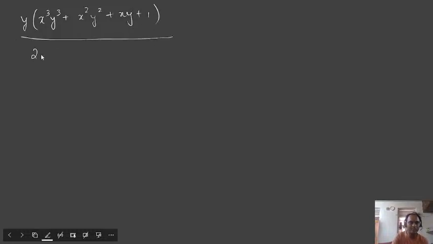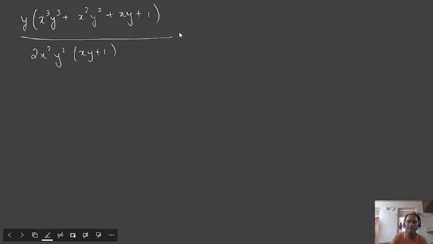So y multiplied by, I'll write the terms directly now. Y multiplied by x cube y cube plus x square y square plus xy plus 1. Okay, we are going to divide this by 2x square y square times (xy plus 1).